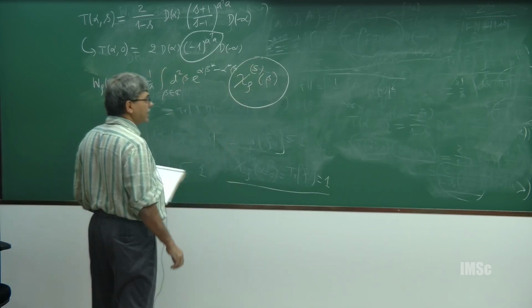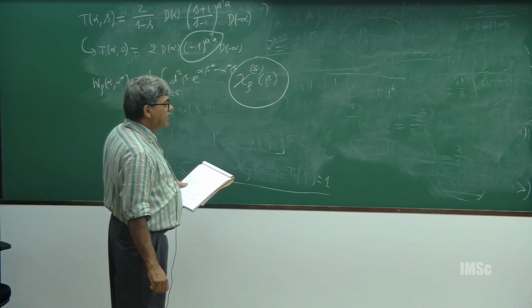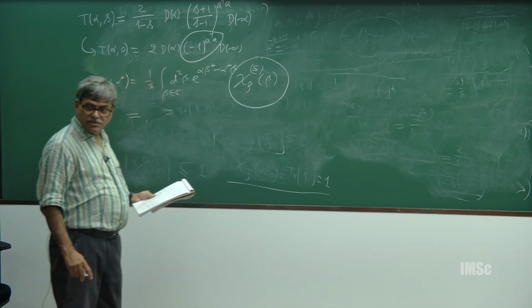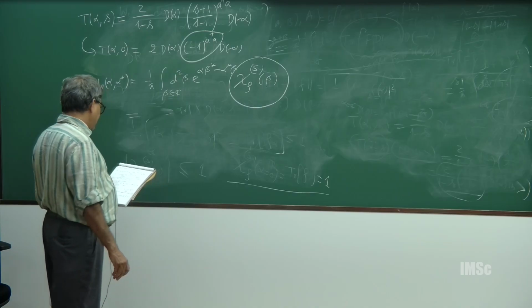You know that this characteristic function is basically the trace of rho times the displacement operator. This is how we define the characteristic function.